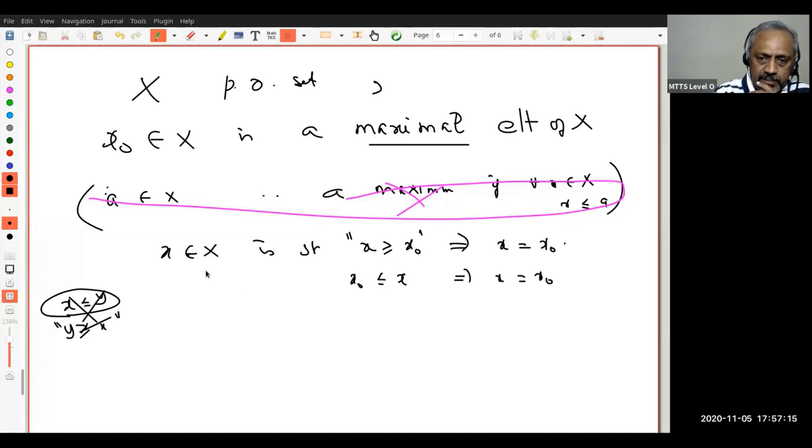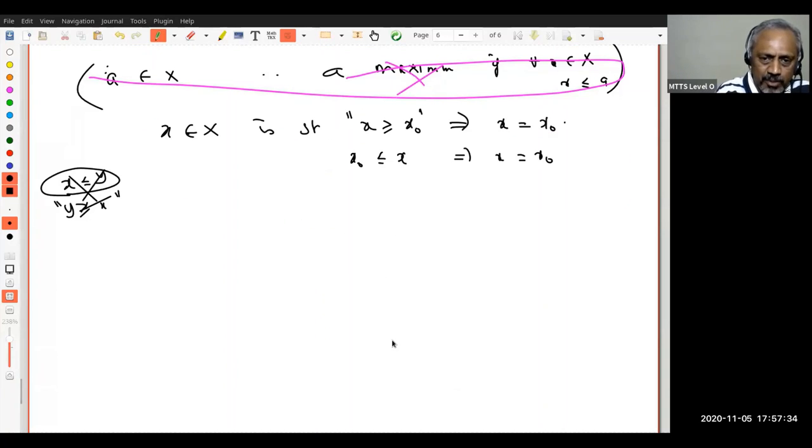If you say somebody is better than x naught, then that fellow must be x naught himself, nobody else. That is, I do not accept anybody is above me. That is maximal. The maximum fellow will say everybody is below me. Let us look at a concrete example. With that, we will stop.